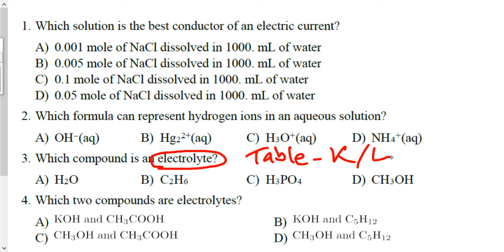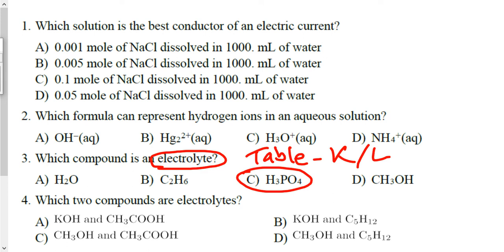Most probably your answer will be in one of those two reference tables. Now, if we look at table K and table L, we'll find H3PO4, which is phosphoric acid. And if it's an acid, we know that it should be an electrolyte. And that should be our best possible answer for question number 3.